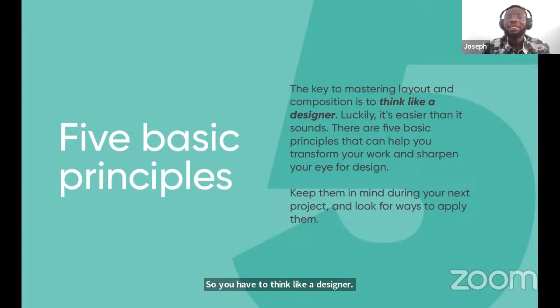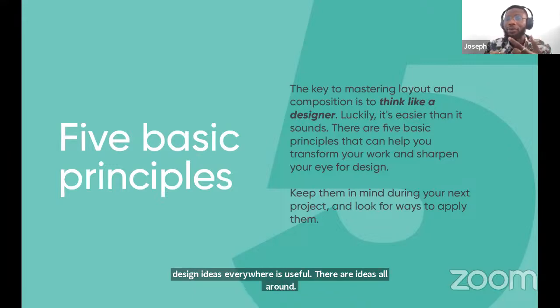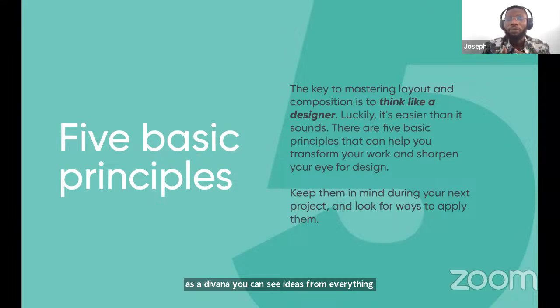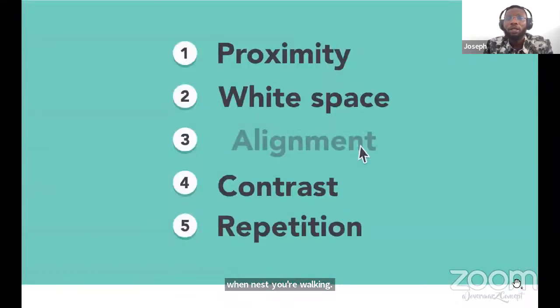It is easier than it sounds actually, because there are design ideas everywhere you look. There are ideas all around. As a designer, you can see ideas from everything around you, right? The 5 principles here will help you transform your work and sharpen your eye. So keep them in mind when next you're working on your projects and you're looking for ways to apply them.